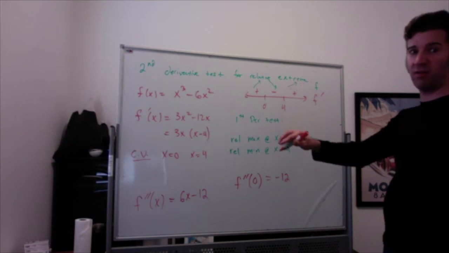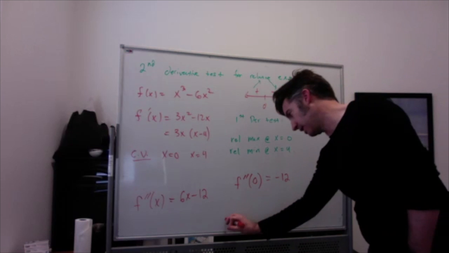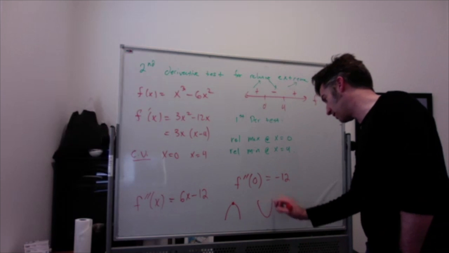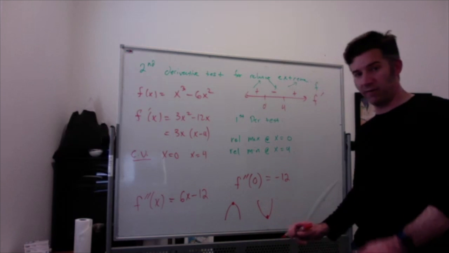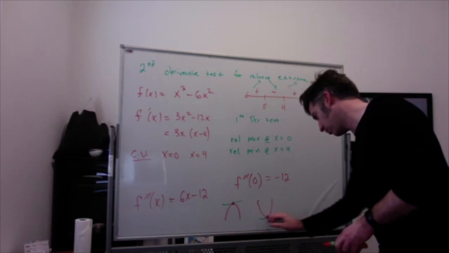If my first derivative is 0, it means I'm flattening out. There's kind of only 3 options. Either I'm flattening out like this, concave down. Or I'm flattening out like this, concave up, right? Remember when I say flattening out, I'm saying like a horizontal tangent line.